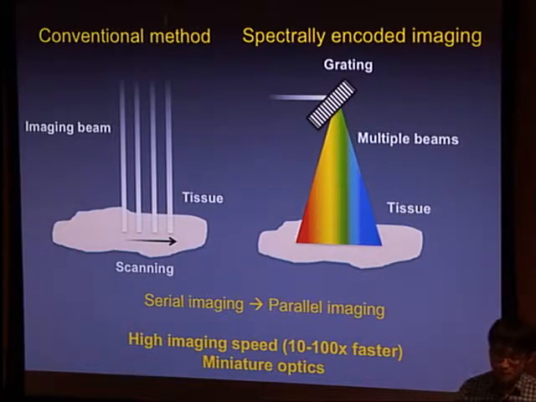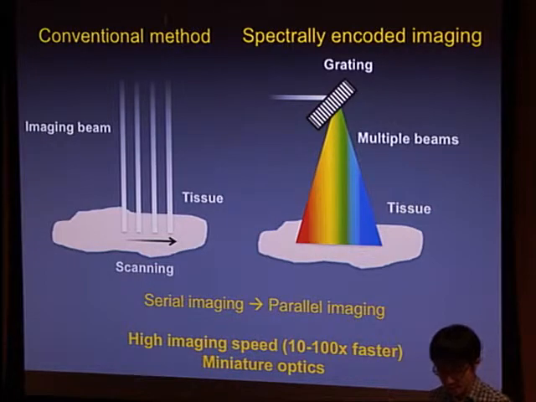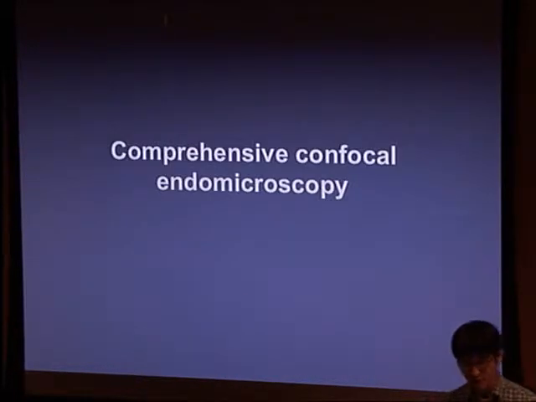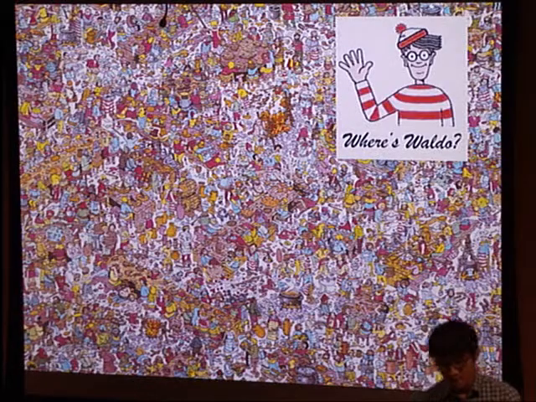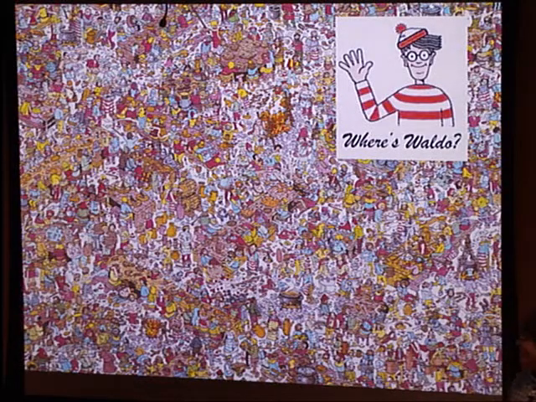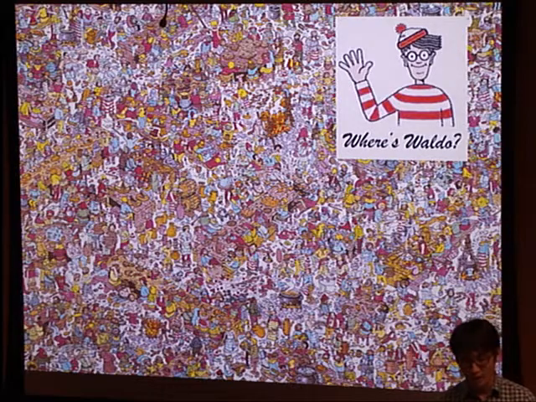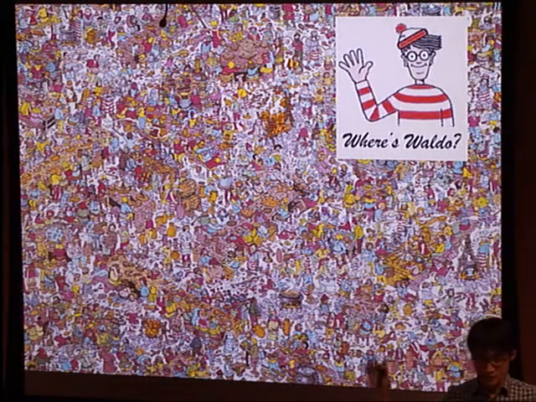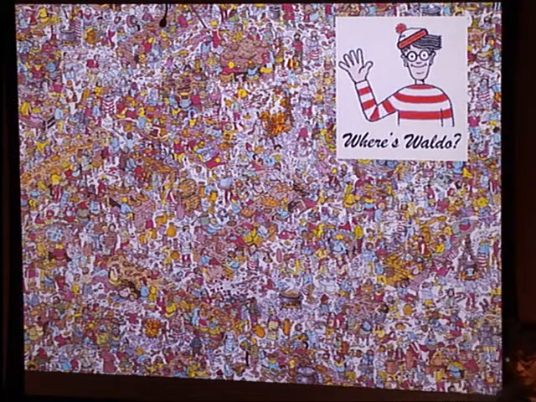We have been doing 2 different major research areas using this approach. The first one is something called comprehensive confocal endomicroscopy. Finding a small, early-stage tumor in a gigantic organ is very similar to finding Waldo in this big picture.